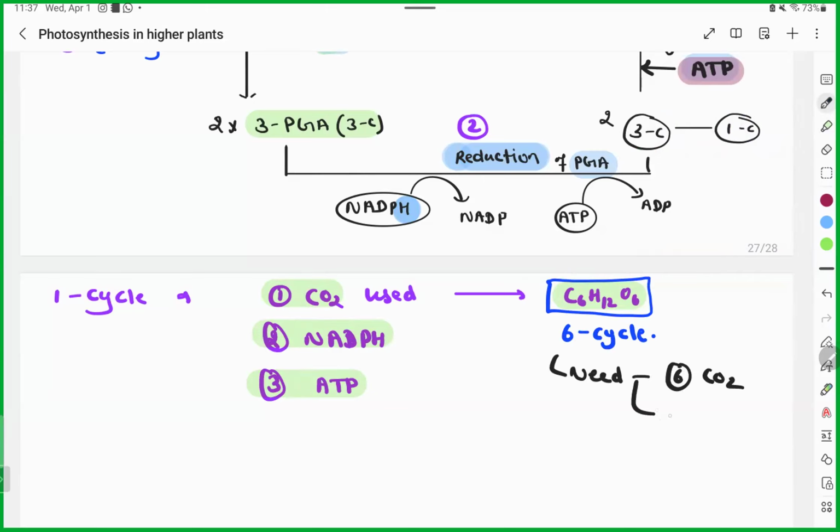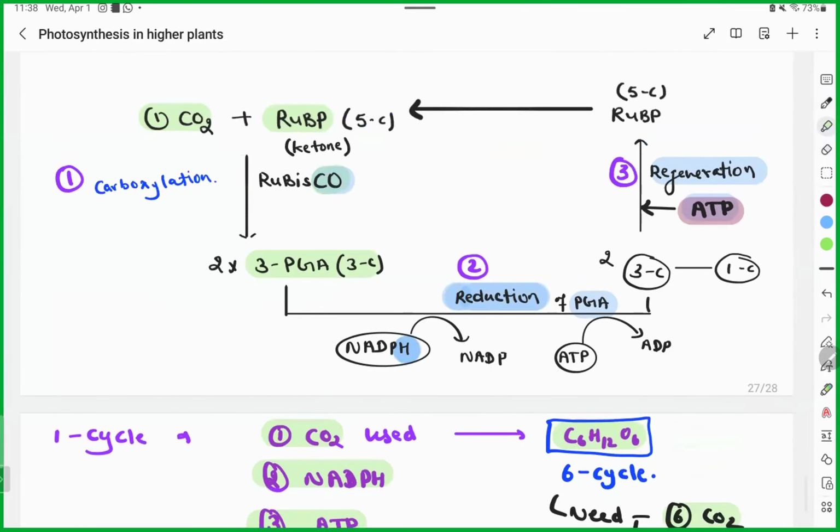Double of 6 is 12 NADPH and 18 ATP. Tell me, any doubt? Basically, if you want to produce food, glucose, you need six Calvin cycles. In six Calvin cycles, 12 NADPH, 18 ATP and 6 CO2 are required. Correct? Done. This topic is done.